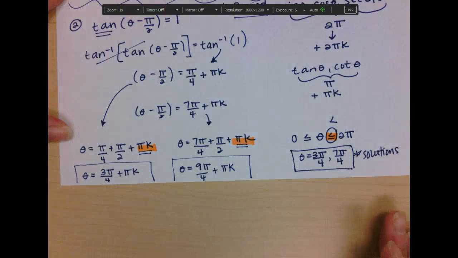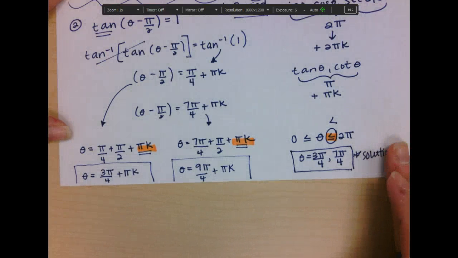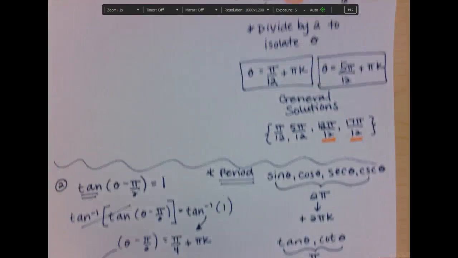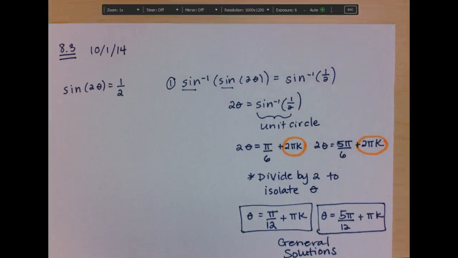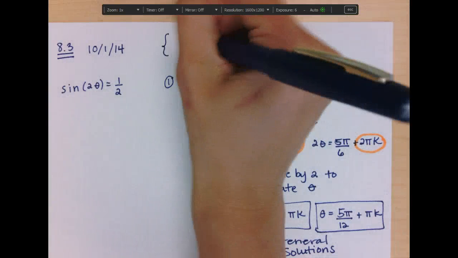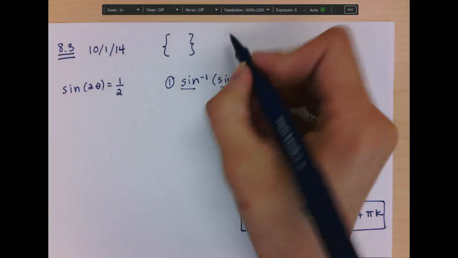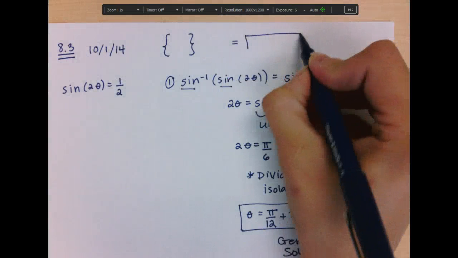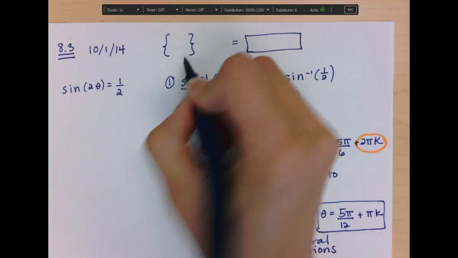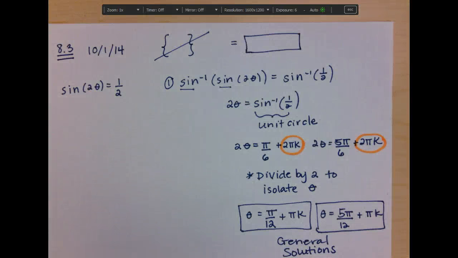Alright, one last thing I'm just going to mention. In class today, I said that MyMathLab might be kind of picky about how you write your solutions in terms of using these curly brackets. It turns out I took a look at the MyMathLab and they'll just give you a blank each time to type your answers in, and you won't have to worry about using proper notation.